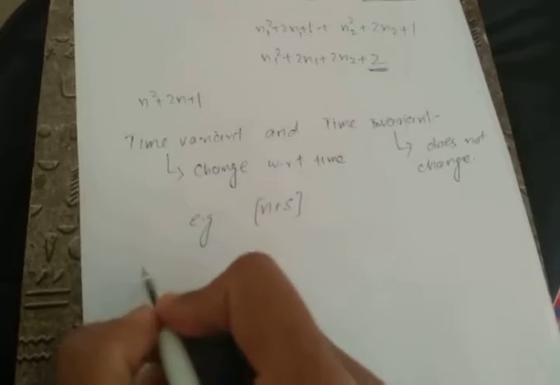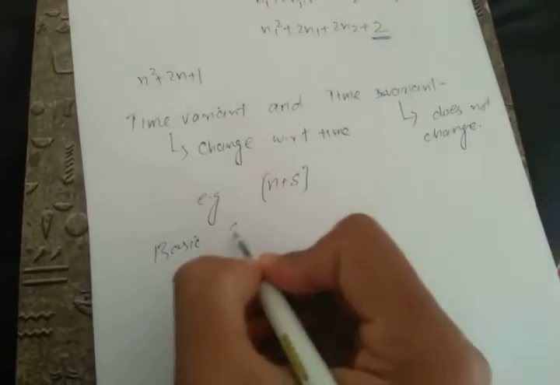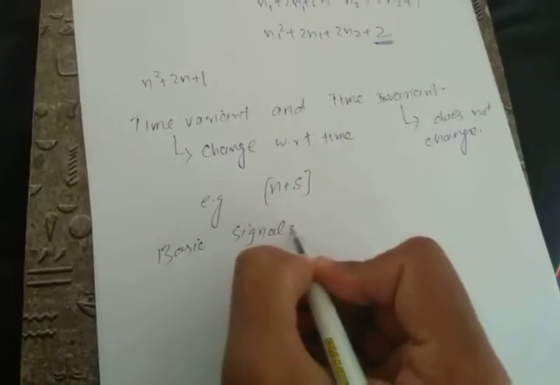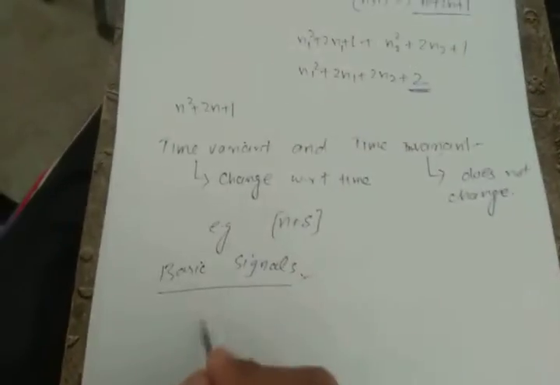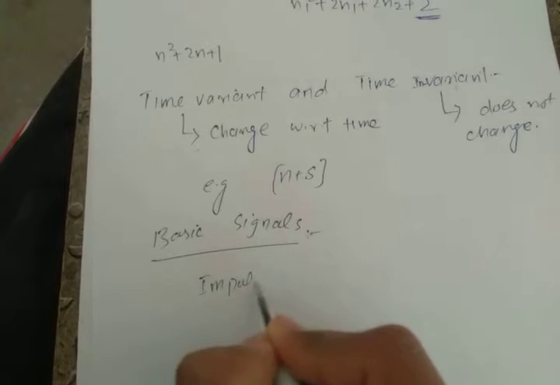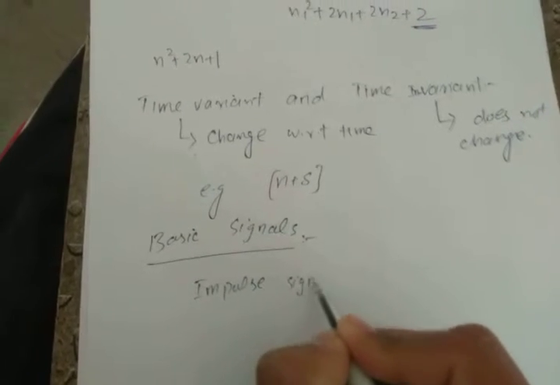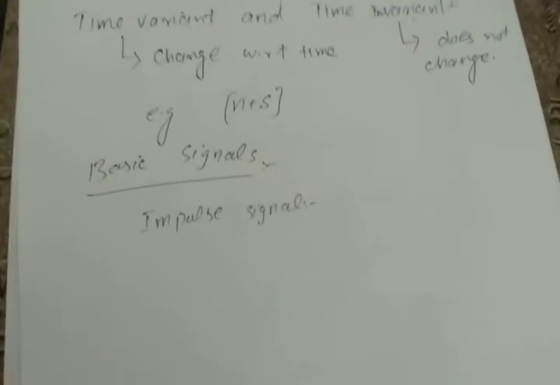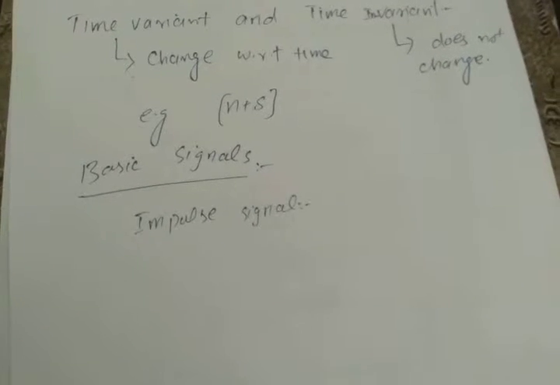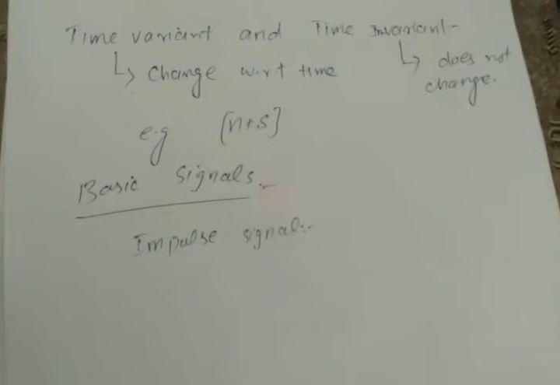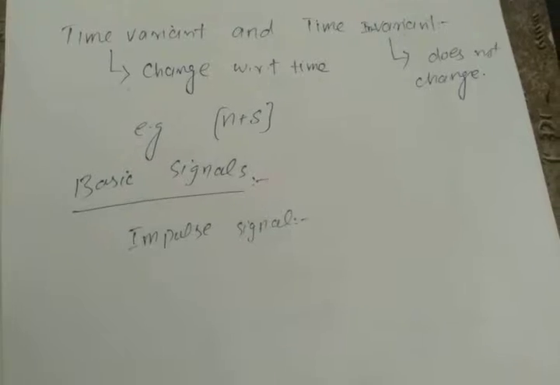Next, the topic which we are going to discuss is the basic signals. First of all, we will look at the impulse signal. The impulse signal is that signal which gives us a value only at the point 0.